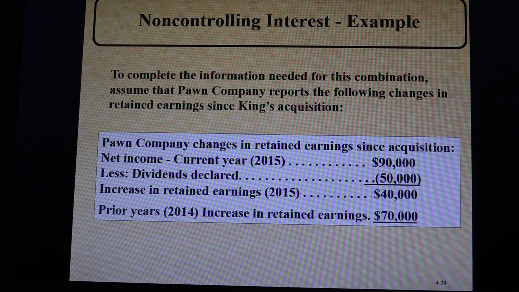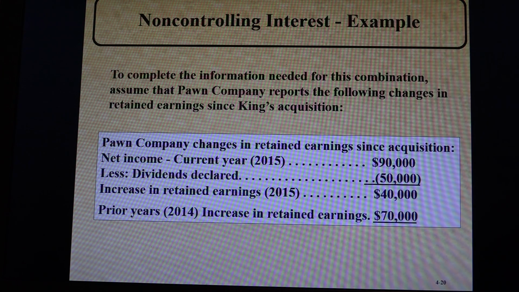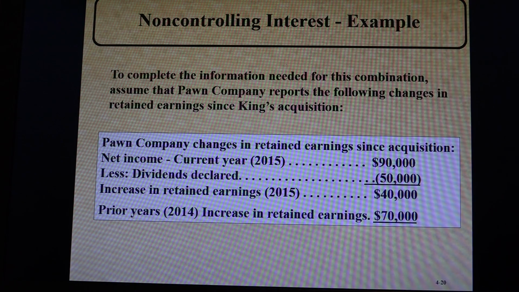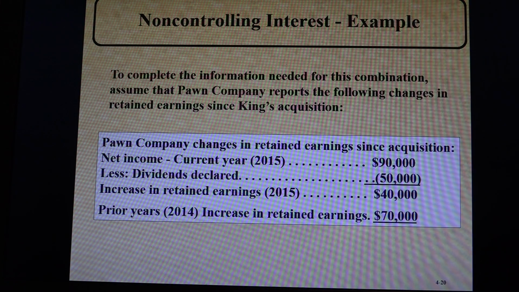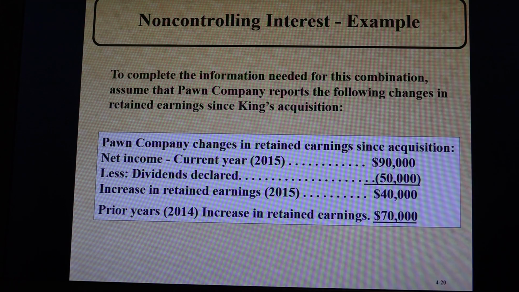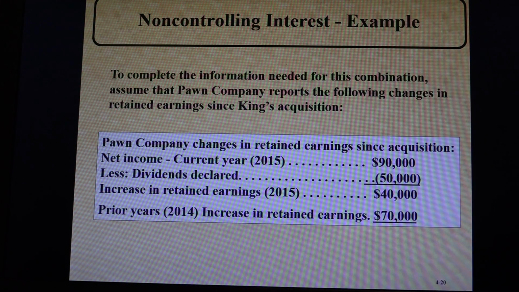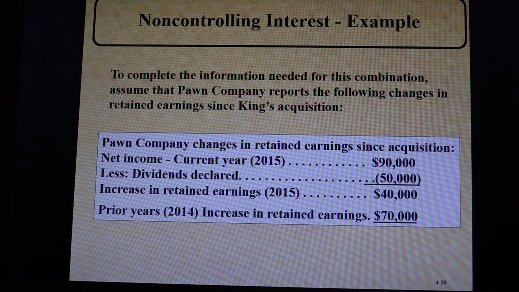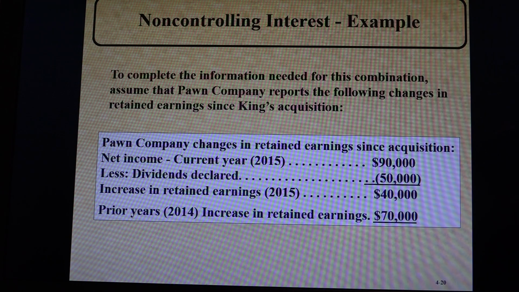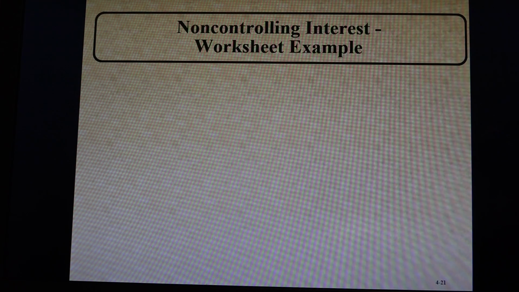And note also that dividends for all years, I guess, is $50,000, of which $40,000 are allocated to King. So that's the information you need to round this out.